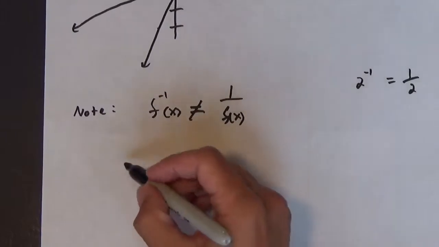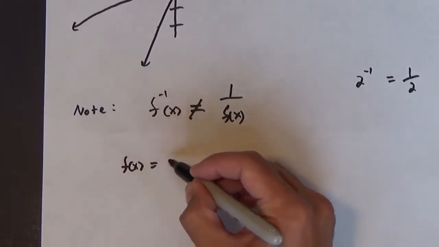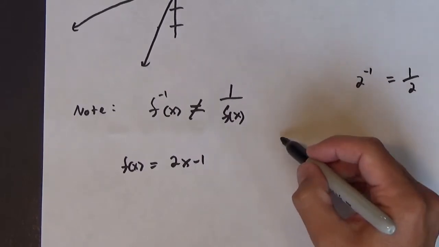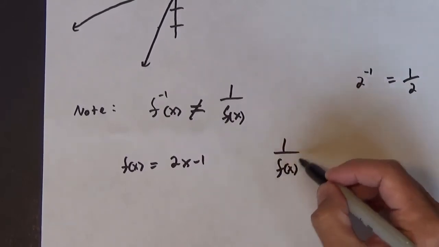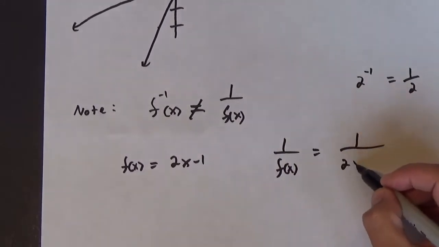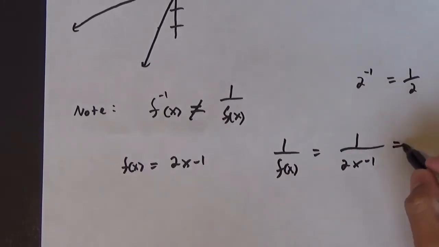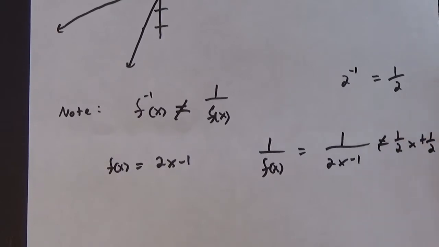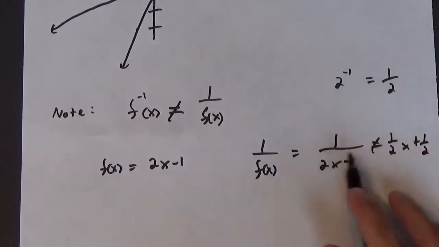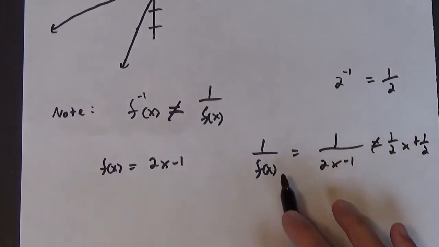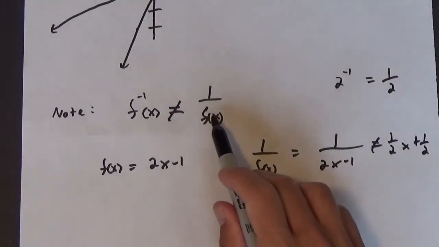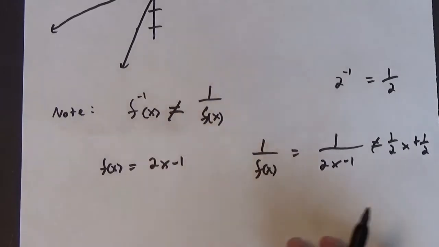You know, if f of x is 2x minus 1, then 1 over f of x is actually 1 over 2x minus 1, and that looks nothing like our final answer of 1/2 x plus 1/2. So we can see that they are not equal. If you did want the reciprocal, this is the reciprocal, and this is the inverse.